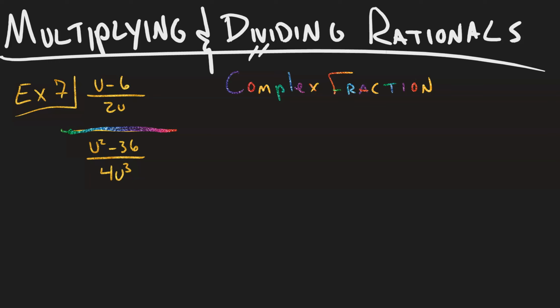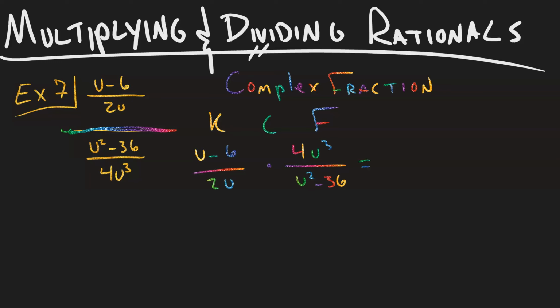So since it's really just a division problem, we'll solve it just like we normally would by keep, change, flip, or multiplying by the reciprocal. We'll keep our first fraction, u minus 6 over 2u. We will change to multiplication and flip our second fraction for u cubed over u squared minus 36.